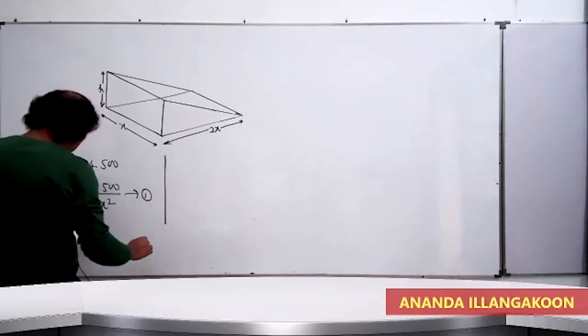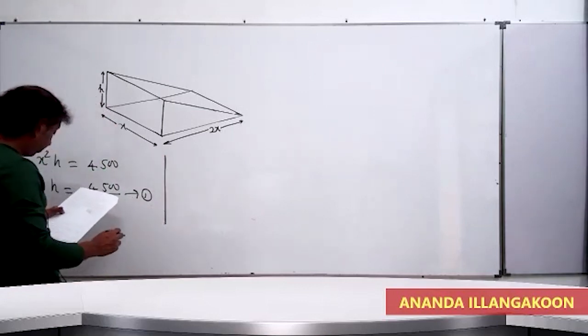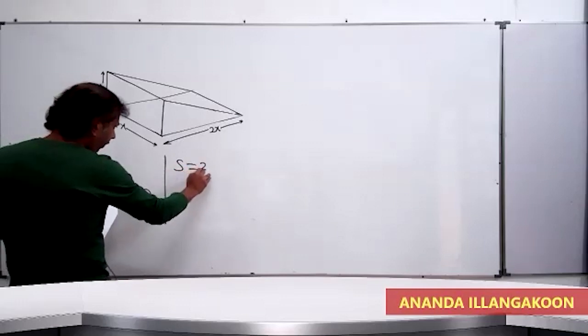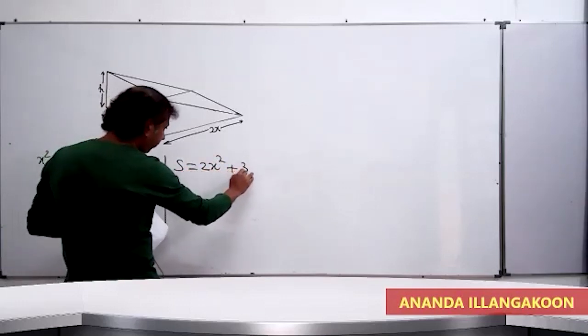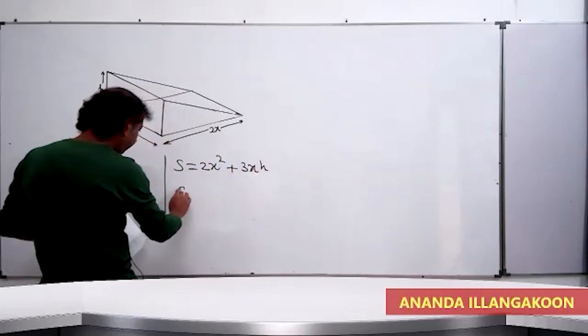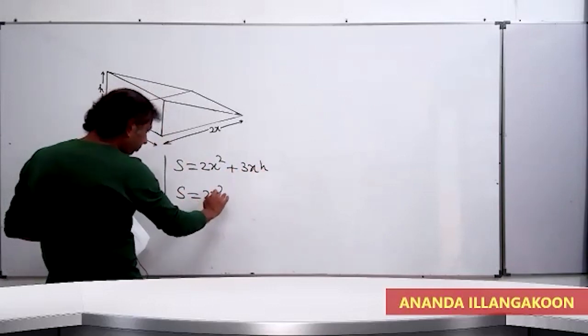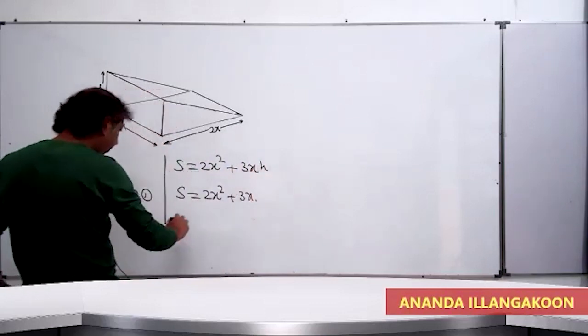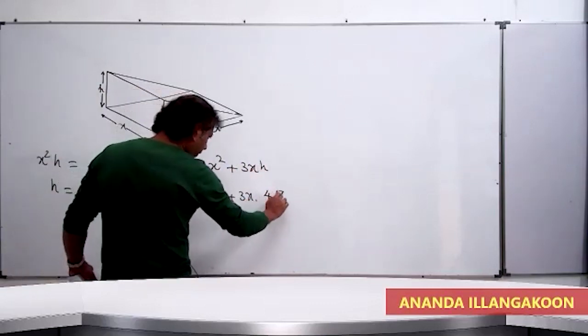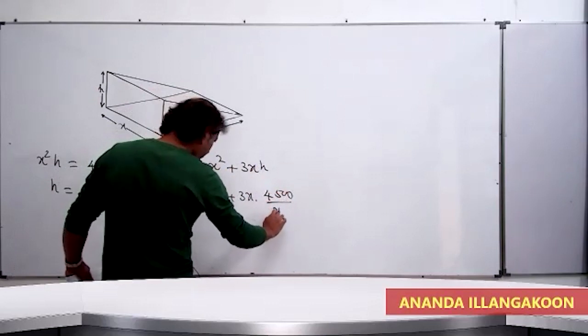Secondly, the surface area given is 2x squared plus 3xh. So for this h, we will substitute 4,500 divided by x squared.